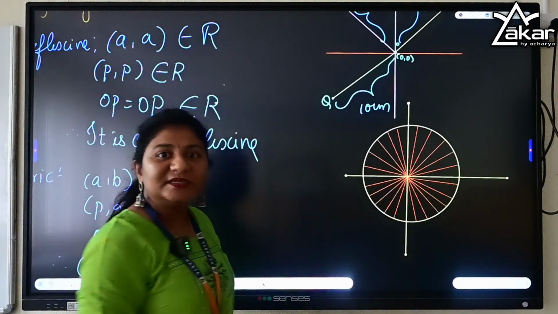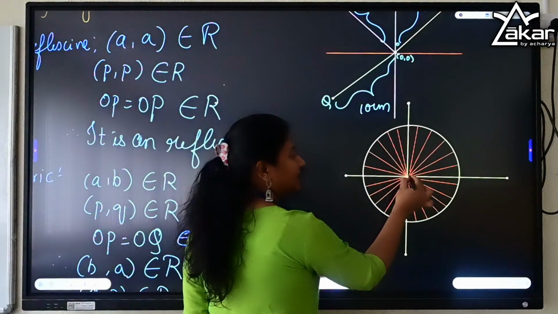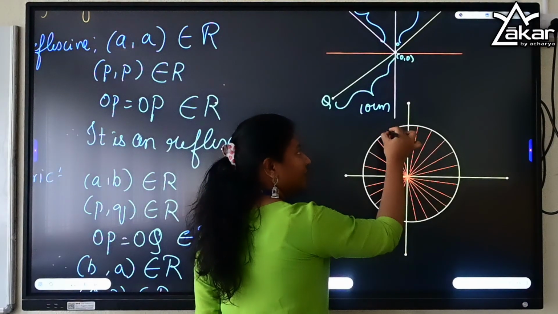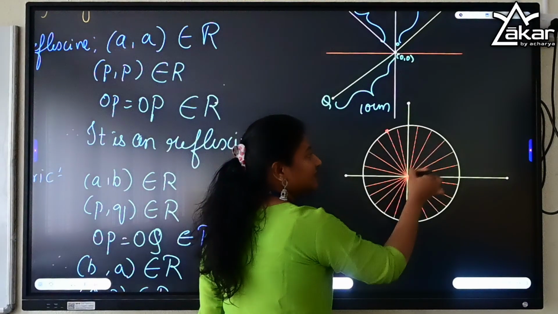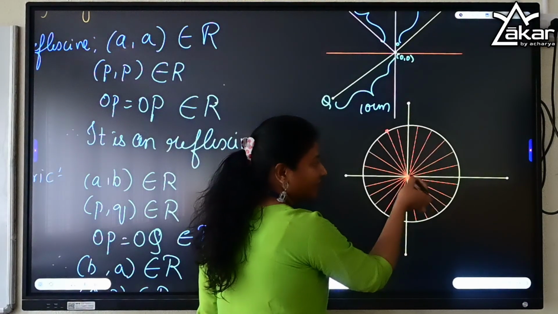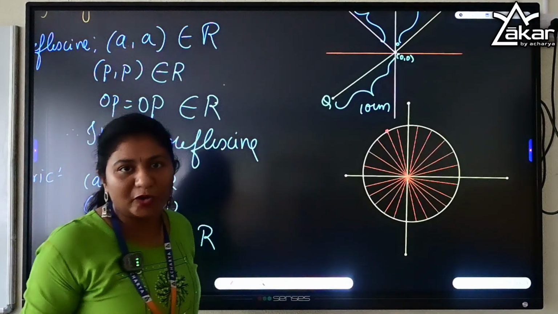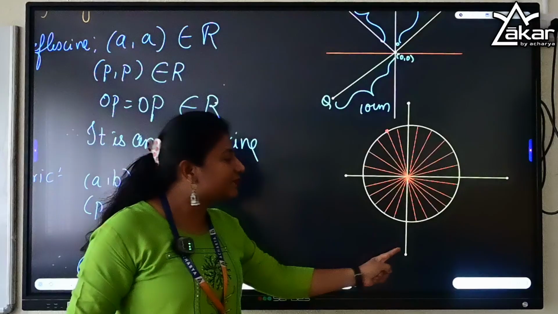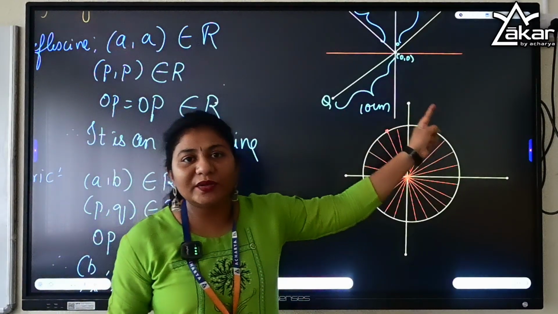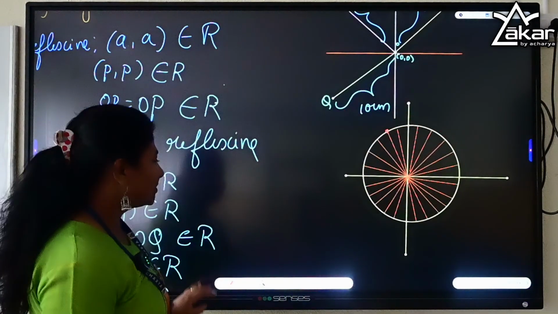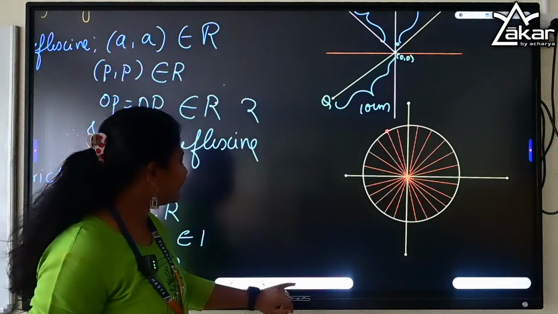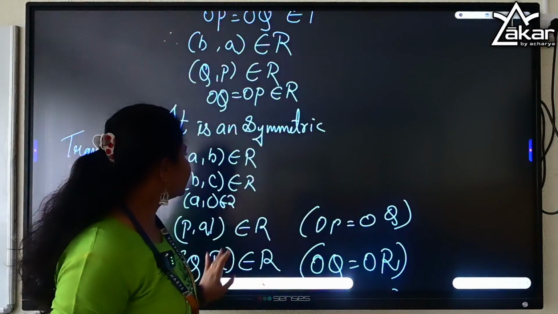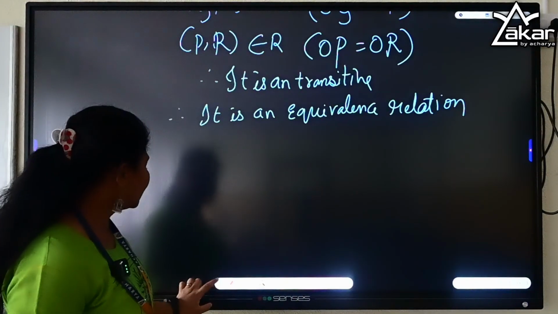It is a circle. Why? Because the distance from each point to the origin is equal. If you generate these points all together, you will get a circle.